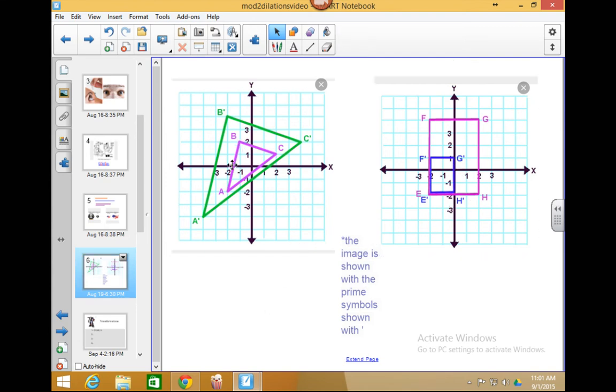So I look here, the original is purple, and it was dilated or enlarged to make an image of the green figure. Over here, the original purple figure was dilated and made smaller to the blue image.